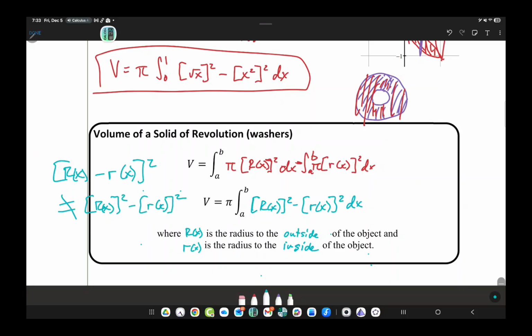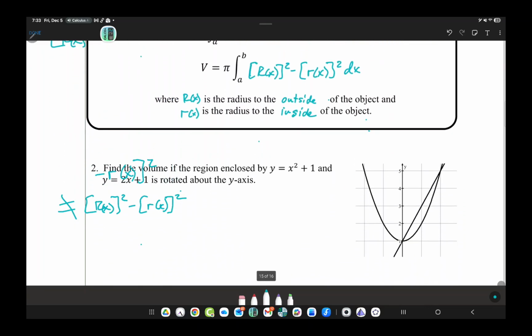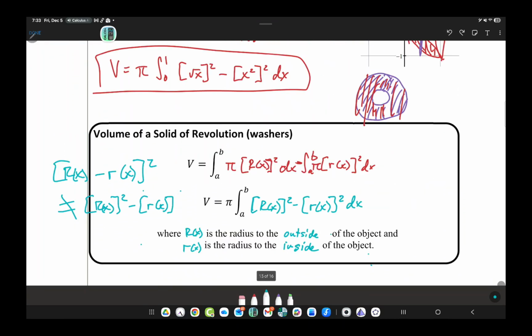So please do not do this. Make sure you're squaring those separately. The idea is you're finding one volume and subtracting the other volume, or one area and subtracting the other area and finding the volume of that.